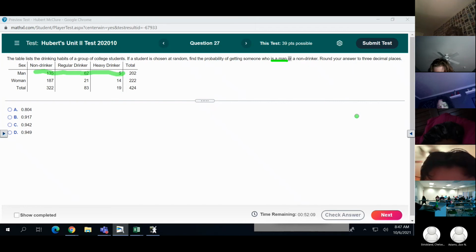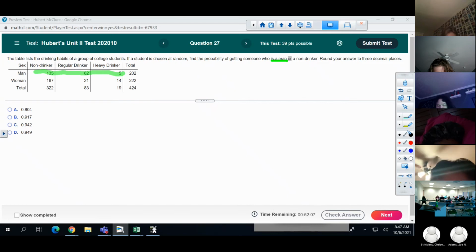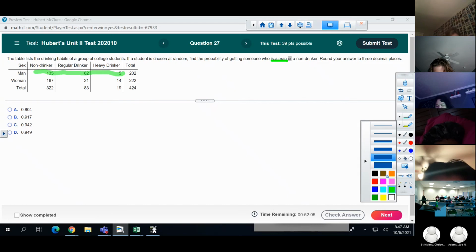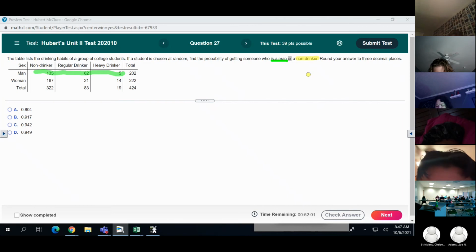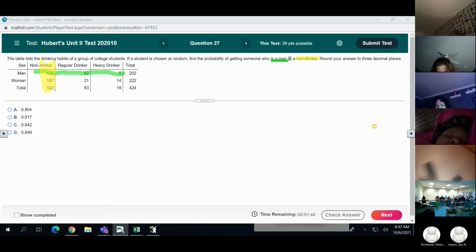And a non-drinker, I'll use yellow. A non-drinker would be right there. So you could actually use the totals since they give you the totals.